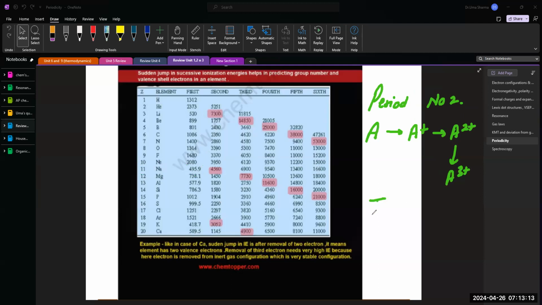There is a big jump at IE3. What is the element? So from the big jump, can you find out how many valence electrons are there?